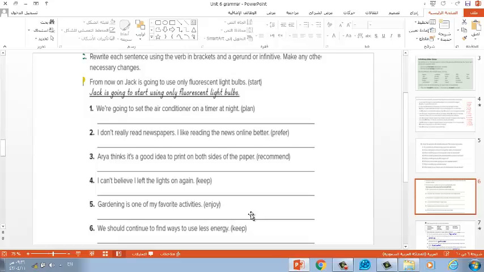So Arya recommends printing on both sides of the paper. Okay. I can't believe I left the lights on again. Here you can say, I keep leaving the lights on again and again. Okay.